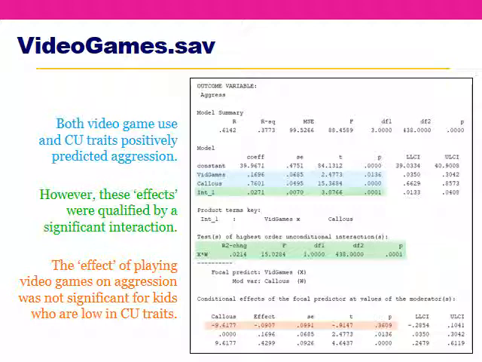However, if they were average or high in those traits, it does predict aggression. In other words, violent video games do predict aggression, but only for people who are average or high in callous unemotional traits. That's where the interaction is coming from.